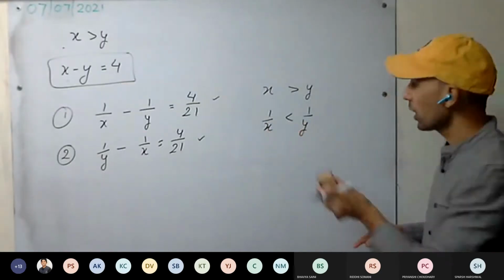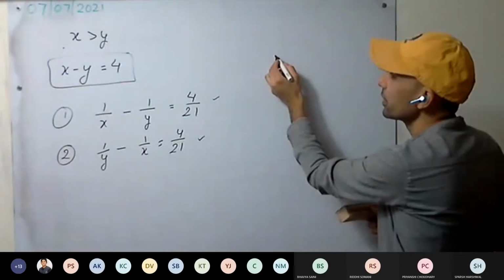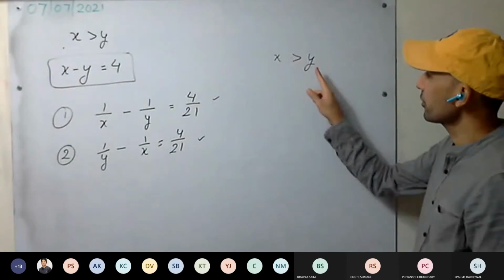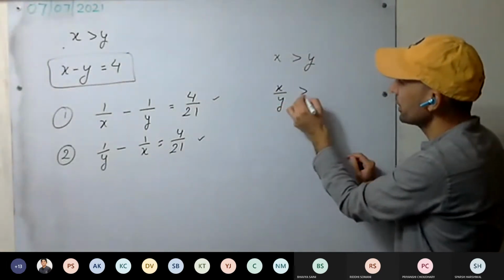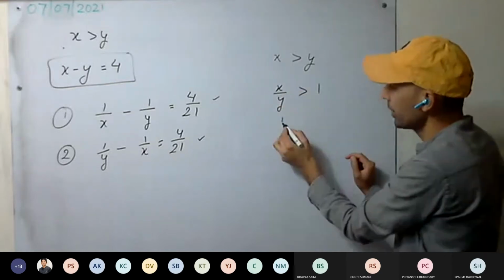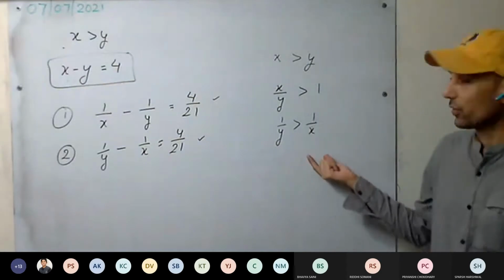Or how can you do it? You have written x greater than y. Take y on that side, x upon y greater than 1. Take x on this side, 1 upon y greater than 1 upon x. Have you understood this one?